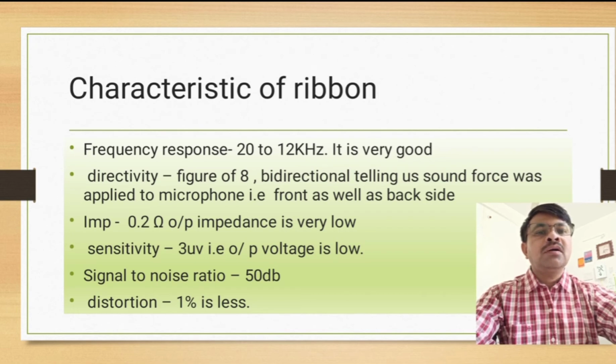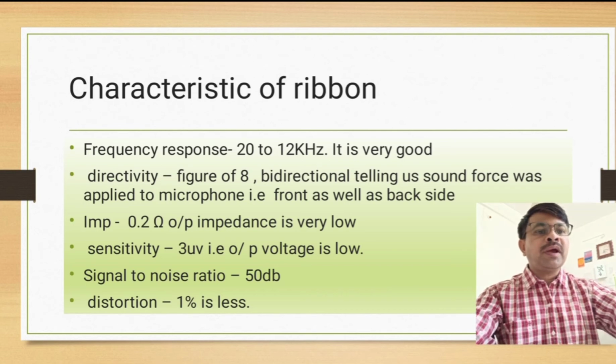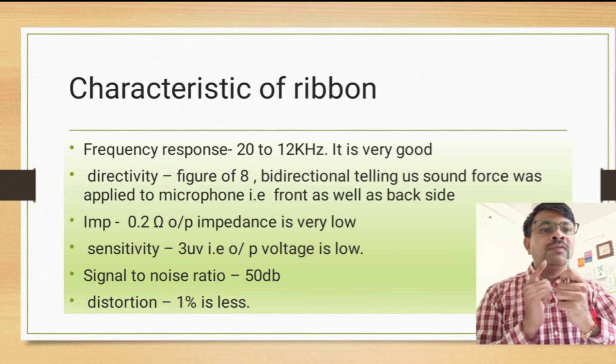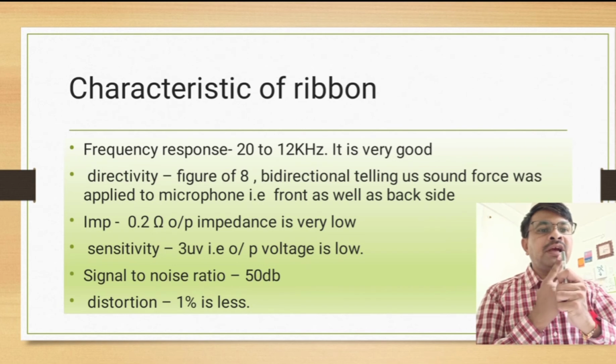Directivity means from what direction the microphone can pick up the sound waves. It is the figure of 8, meaning a bidirectional pattern. It tells us sound force can be applied to the microphone at the front as well as the back side. If I hold this microphone like this, the force can be applied on this side, left side as well as right side.